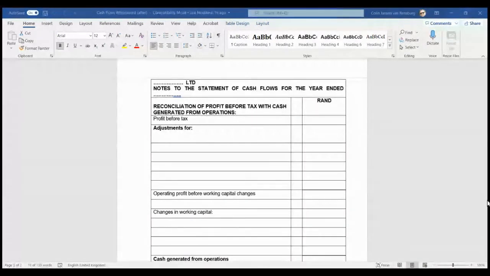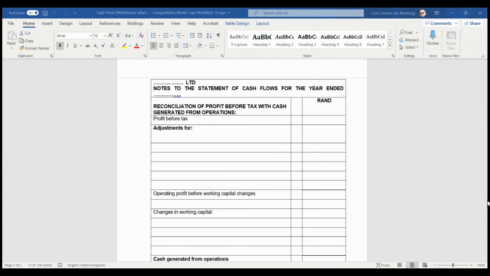There we go. Right. So depreciation, remember, depreciation is an expense, but we do not go and pay for depreciation, right? We do not buy depreciation. We do not sell depreciation. So it is an expense because we are decreasing the book value or net carrying amount of some sort of an asset, right? So your depreciation is an expense that's included in your profit before tax.